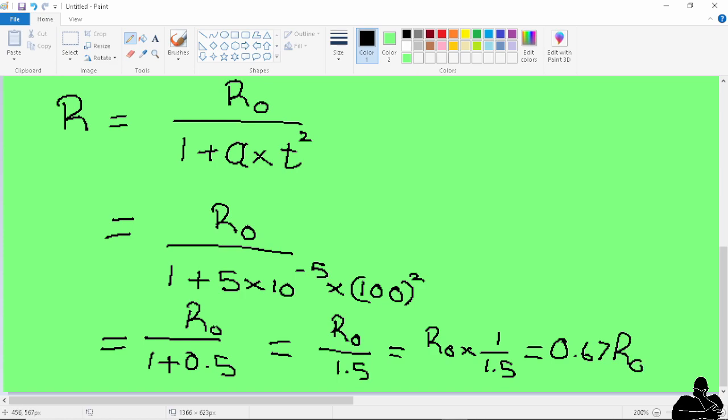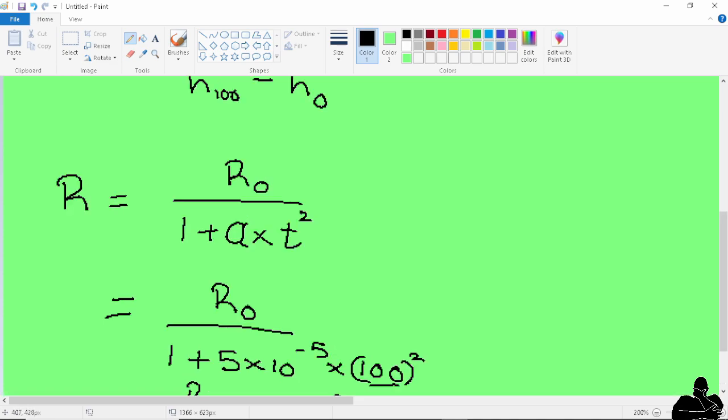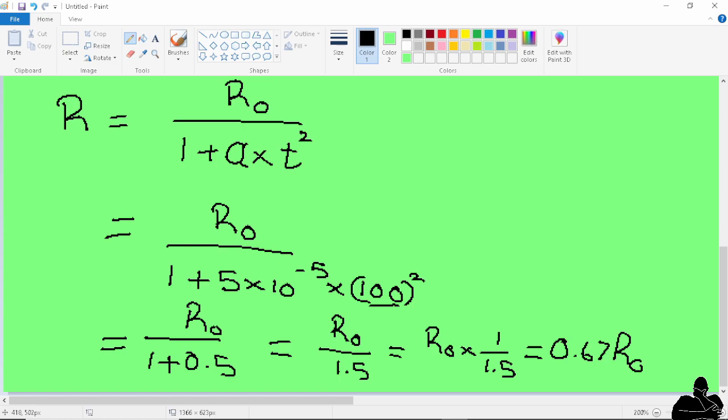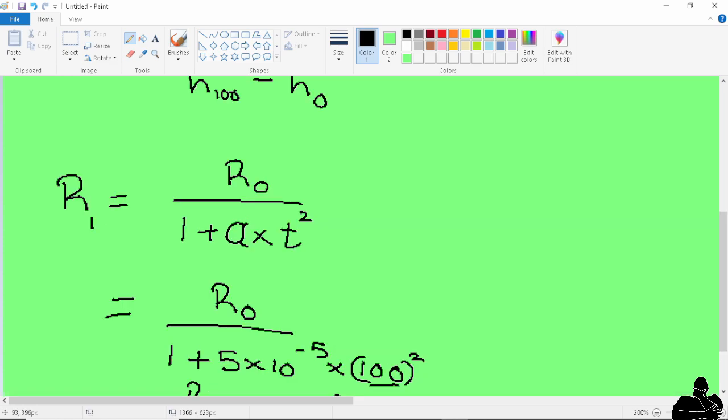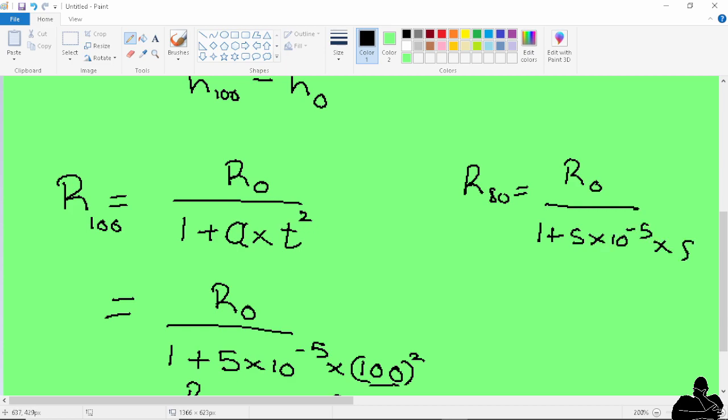So that is the resistance at 100 degrees Celsius. We're going to do the same process to find the resistance at 80 degrees Celsius. So this is the resistance at 100. Let's find the resistance at 80. That is going to be R0 divided by 1 plus 5 times 10 to the minus 5 times 80 squared.